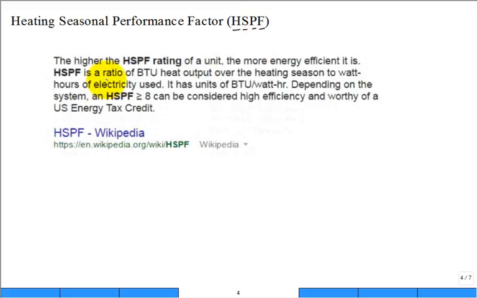The HSPF is Q dot into the high temperature inside your home divided by W dot into the system. But this has the units of BTU per hour, and this has the units of watts. So what is the relationship?